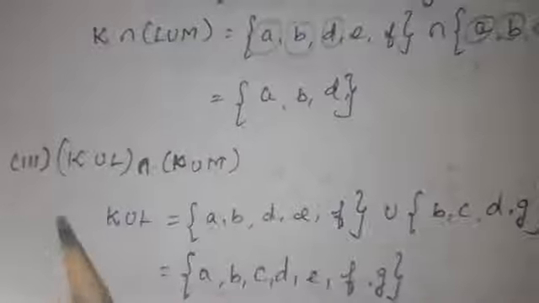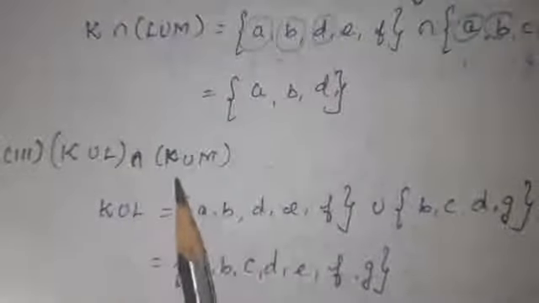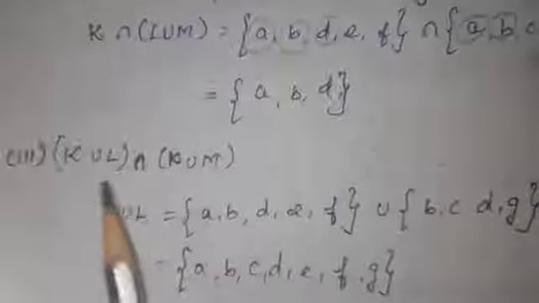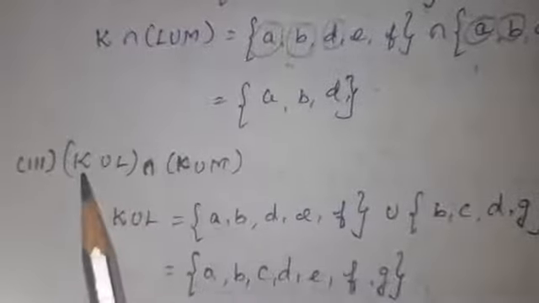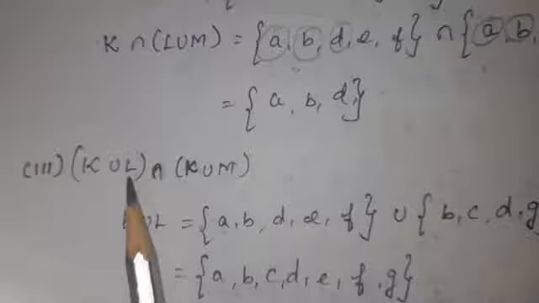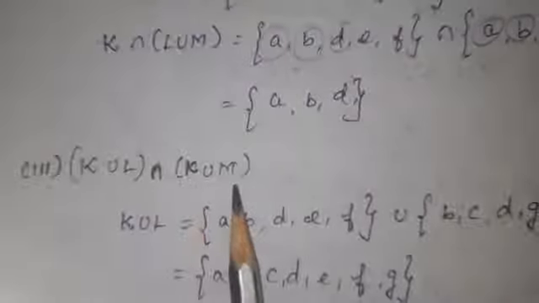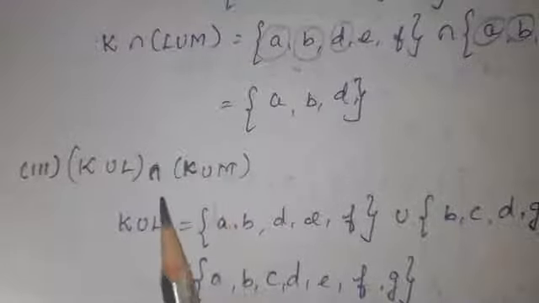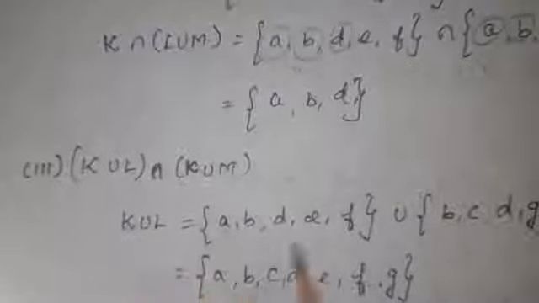Third question, (K union L) intersection (K union M). First we should find inside the bracket. Here you find K union L, then you should find K union M. For both answers you should take intersection. So first you should find K union L is equal to K set union L set.